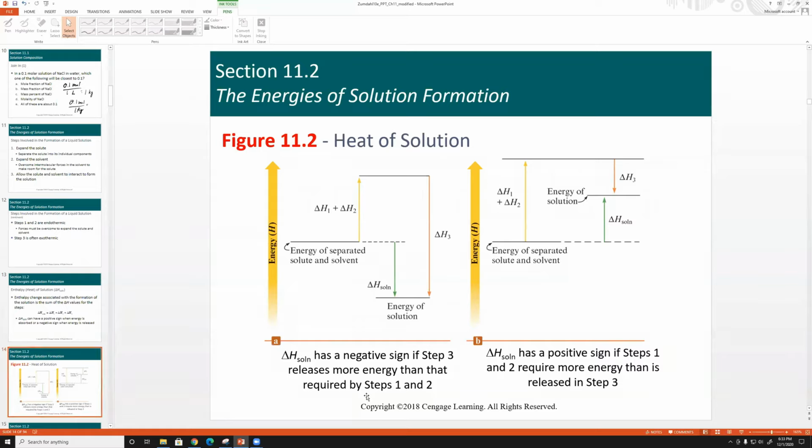Here's a good example of that. You see this one's exothermic, because the energy of the solution is lower than the energy you start out with. Sometimes the energy of the solution could be higher, but most of the time it's lower because it's going to be a more favorable solution.